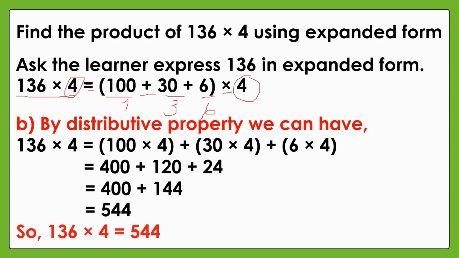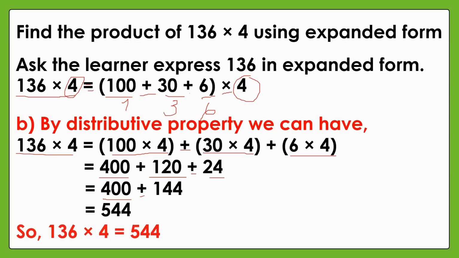By distributive property, we can have 136 times 4 equal 100 times 4 plus 30 times 4 plus 6 times 4 equals 400 plus 120 plus 24 equals 400 plus 144.